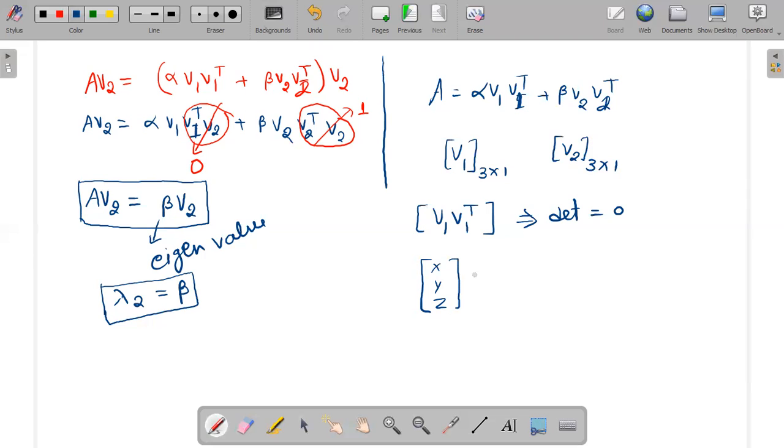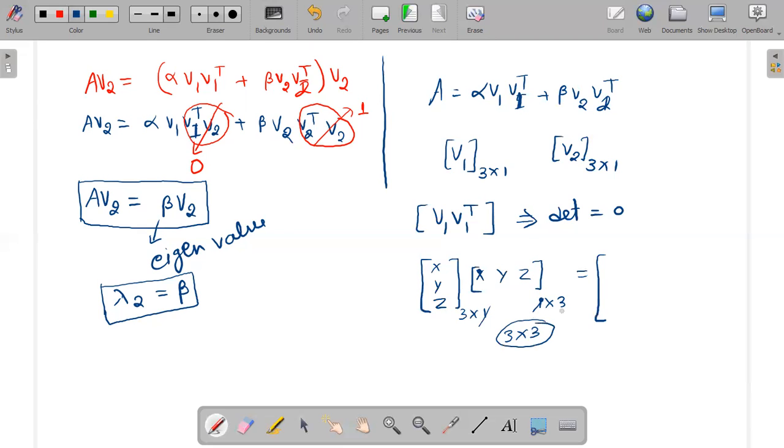Now, what is the transpose of this matrix? Let us assume v1 equals x, y, z. Then its transpose is x y z as a row, right? So this is 3 cross 1, and this is 1 cross 3, and therefore we will get a square matrix of size 3 cross 3, right? So let us find the square matrix.